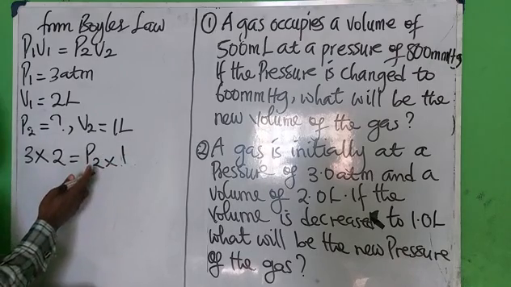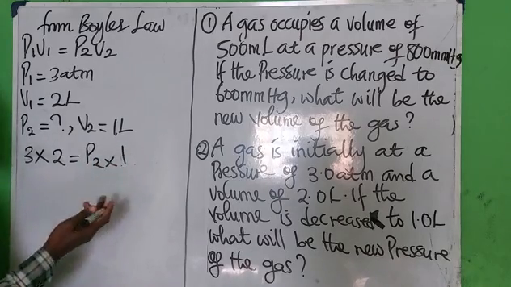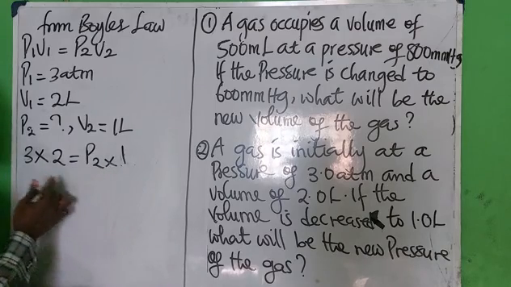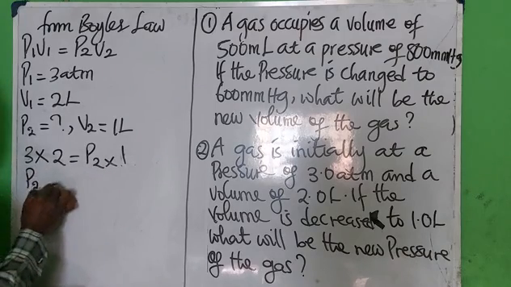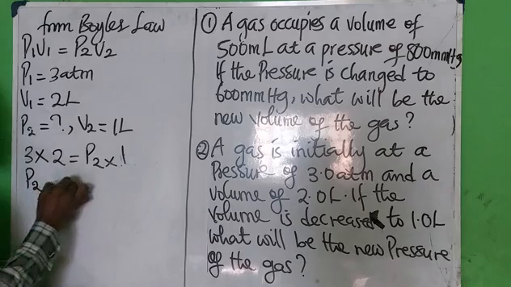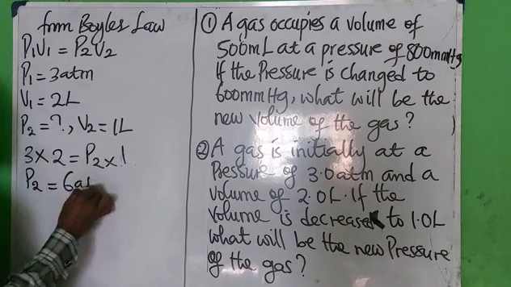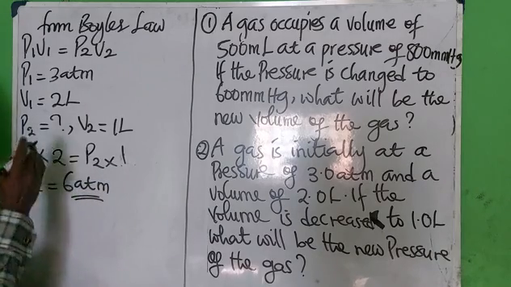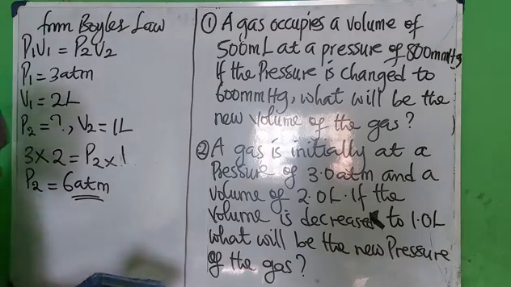So P2 times 1 is the same thing as P2. It therefore means that P2 is equal to 3 times 2, which is 6 atmosphere. Alright. So this is the final answer.